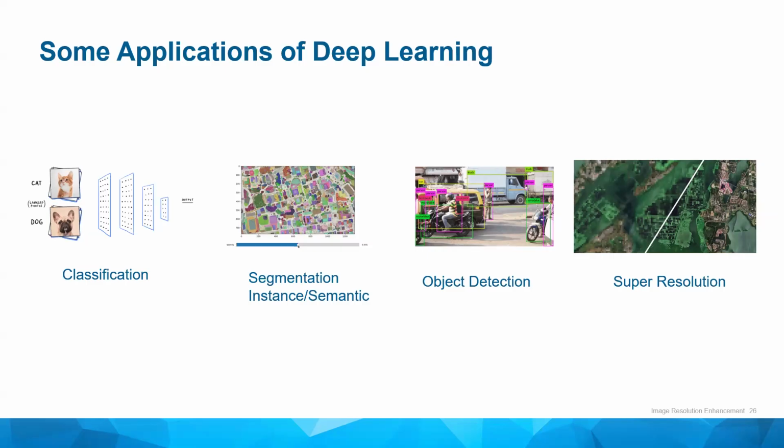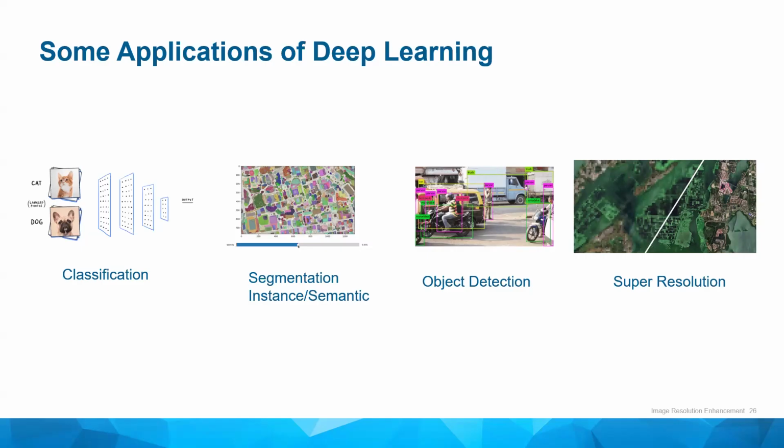The third application is object detection, which identifies and locates objects in an image with a bounding box. So you give it an image, it detects an object, and it gives you a bounding box. With segmentation, you give it an image, it generates another image classifying these objects, as you can see.